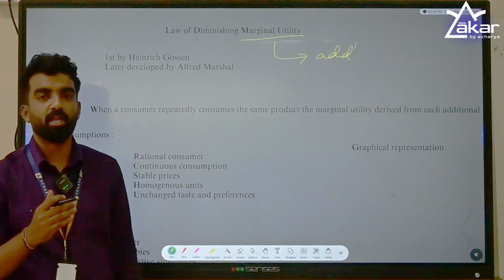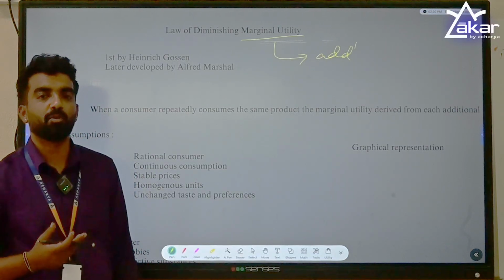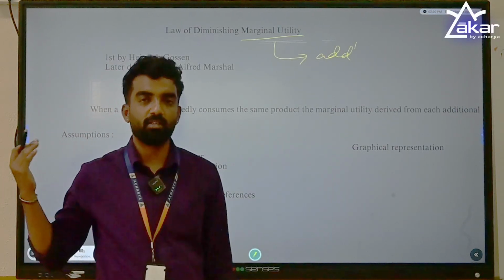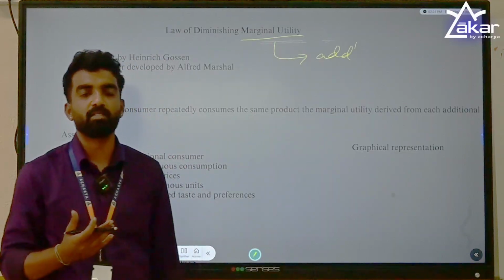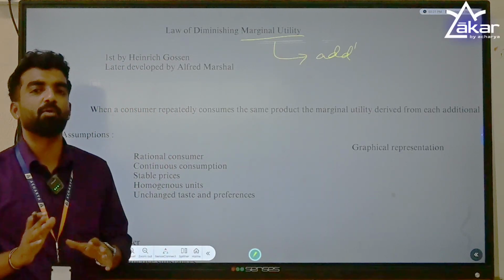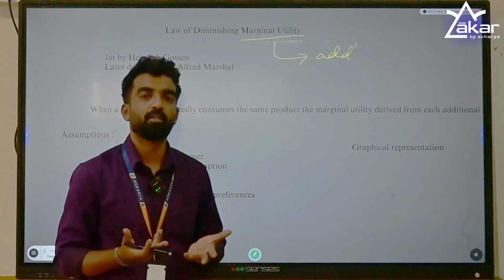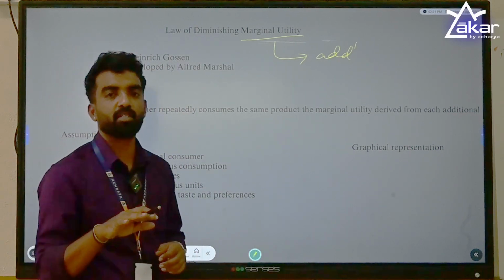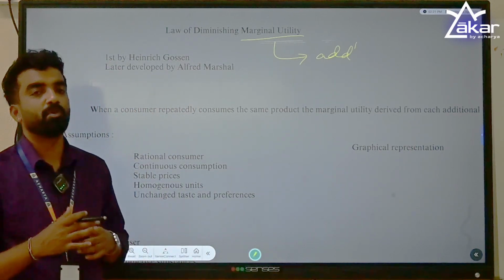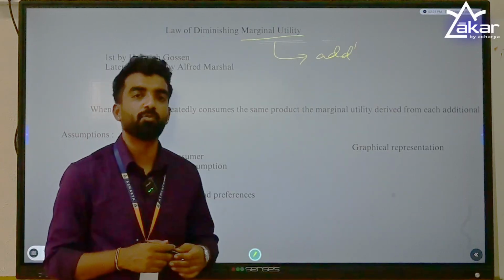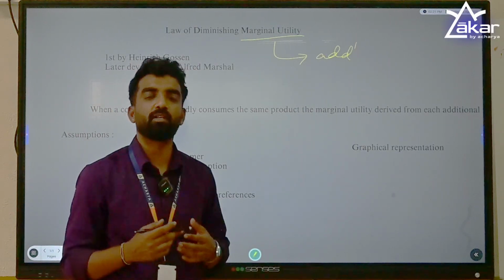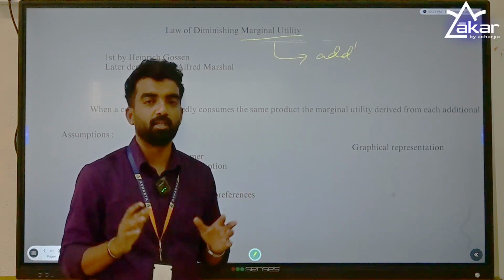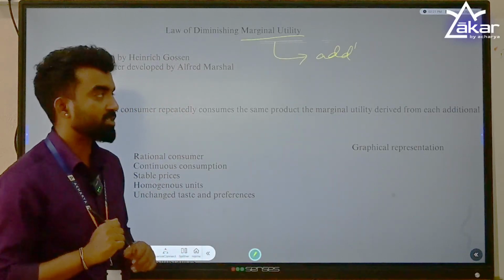If you are having one ice cream and I tell you to rate it using the cardinal approach, you will say out of 10, I will give 8. And again, if I give you a second cup of ice cream and tell you to rate it, you might be completely satisfied and say I will give 10 on 10. So what is the marginal utility here?